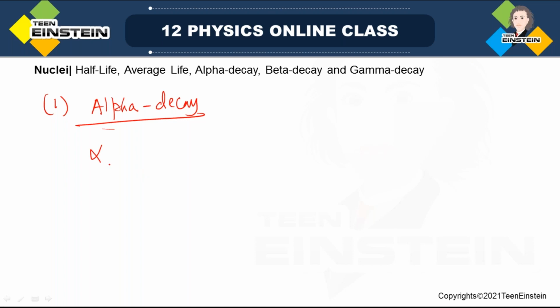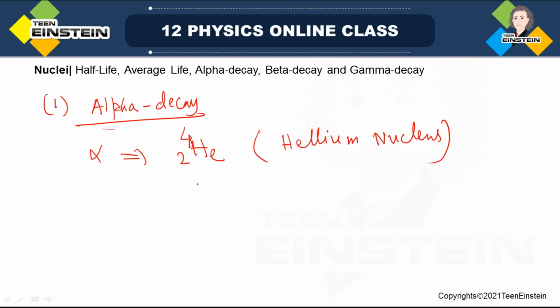Alpha is denoted by this sign, as you know, alpha, beta, gamma, delta, etc. This alpha is actually a helium nucleus. Alpha particle means helium nucleus. So this is called alpha particle.